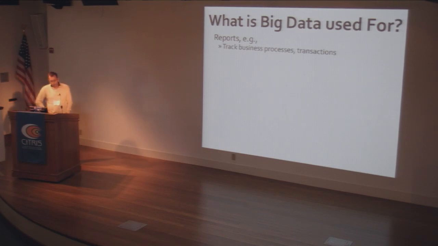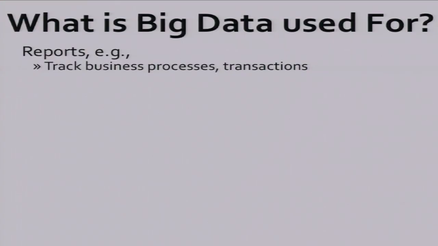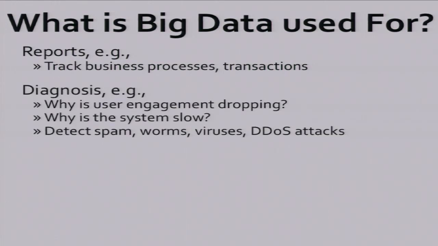So what do people use big data for? Well, first, they use it for creating reports to track or better understand business processes, transactions, or things like that. Second, they use it to diagnose and answer questions such as why is user engagement dropping, why is the system slow, or maybe detect spam, worms, viruses, or DDoS.